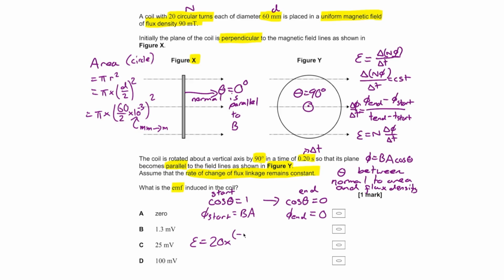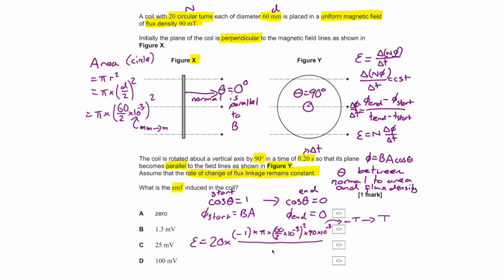So that's equal to pi times 60 divided by 2 times 10 to the minus 3, all squared, times the value of the magnetic flux density, which is 90, times 10 to the minus 3, and that's to convert milliteslas to teslas, so we can use SI units as normal.